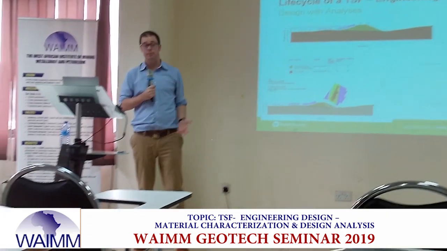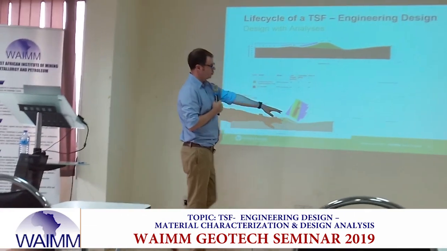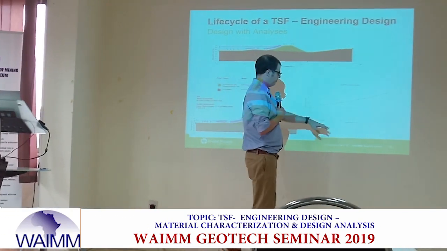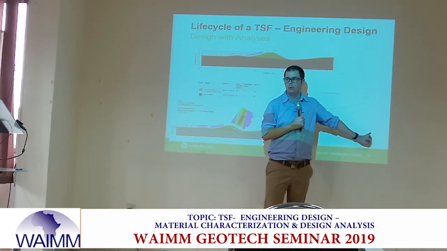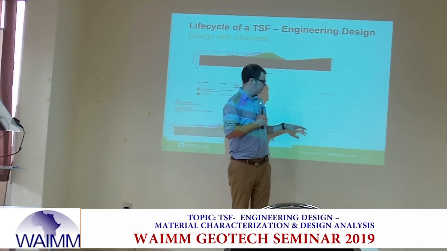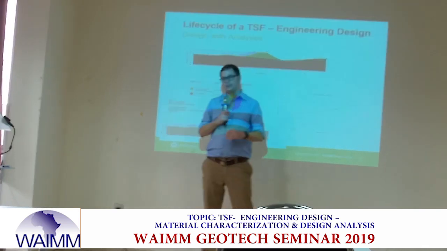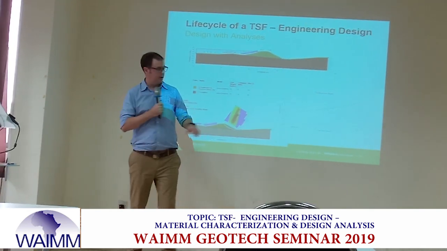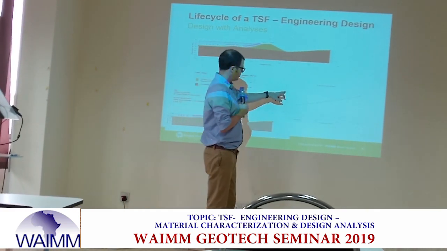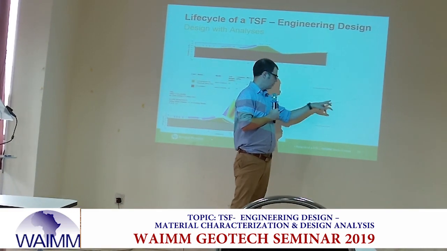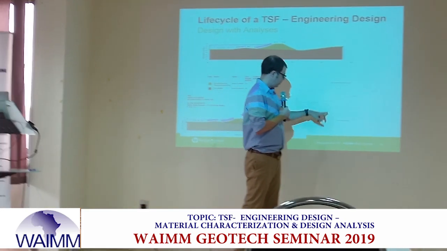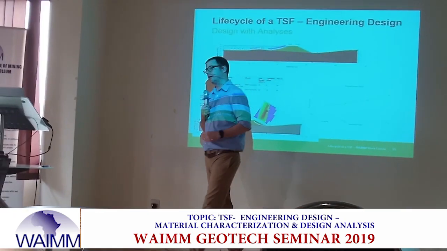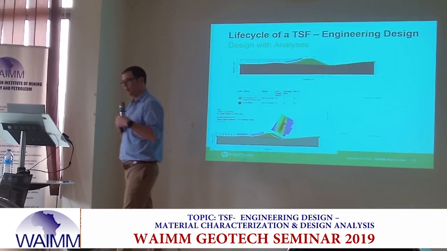So that's unacceptable. So what we did here is we varied our downstream slope from 1 and 2, 1 and 2.5, 1 and 3, 1 and 3.5. And based on our material properties, we see an increase in factor of safety. And we were able to go in and say, okay, we need a factor of safety of 1.5. That corresponds to a downstream slope of 1 and 2, or 1 and 2.5, whatever it is.